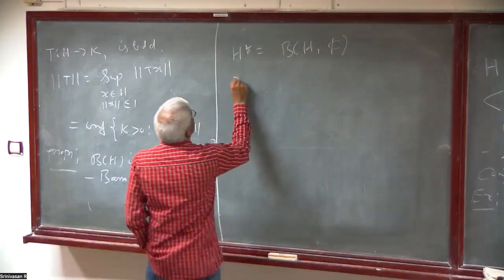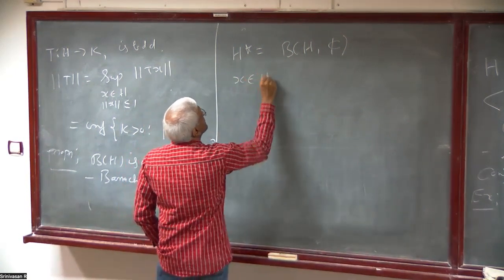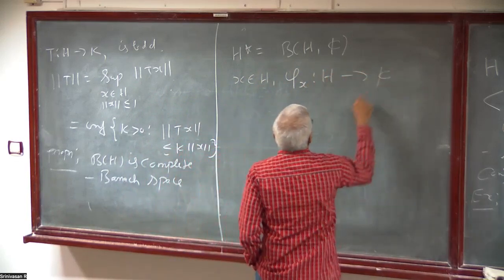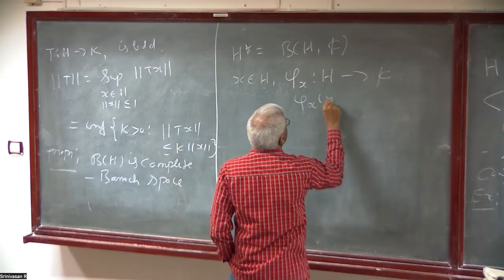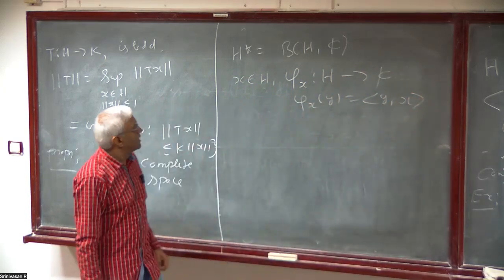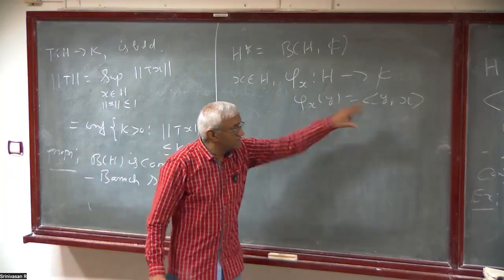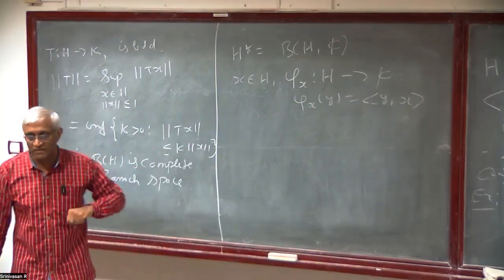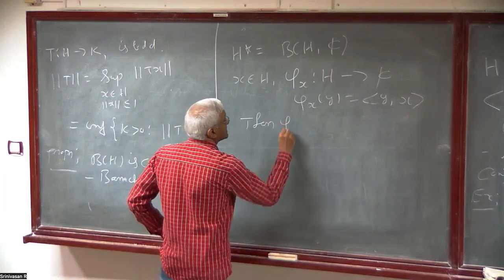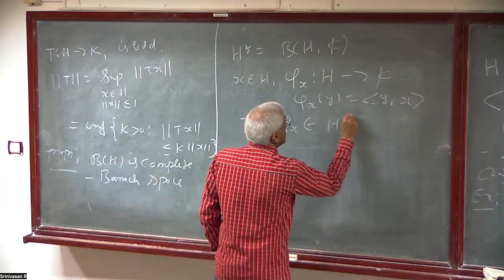So if we have an element, we can define a P_x from H to the scalars, right? This is linear. Then P_x is in X star.